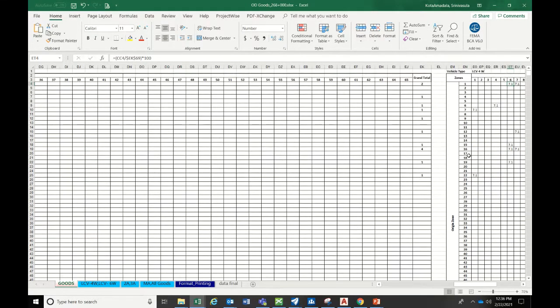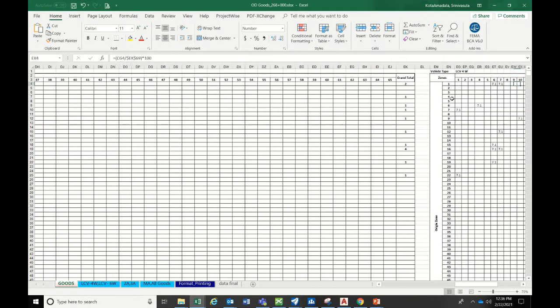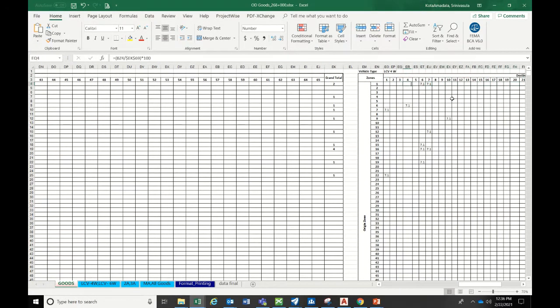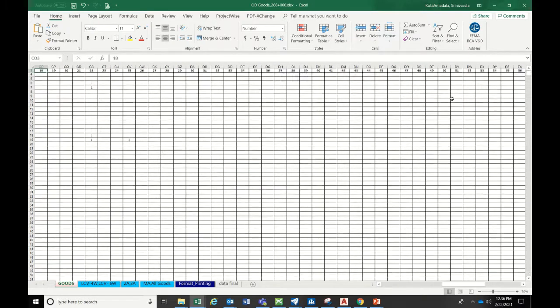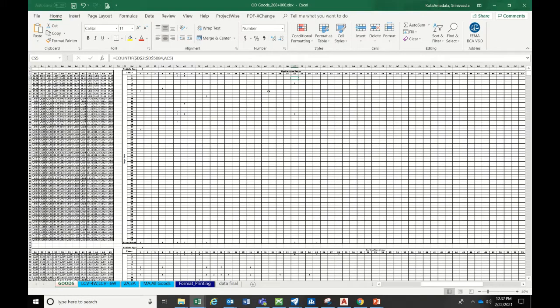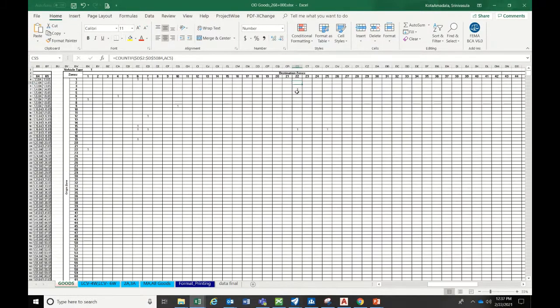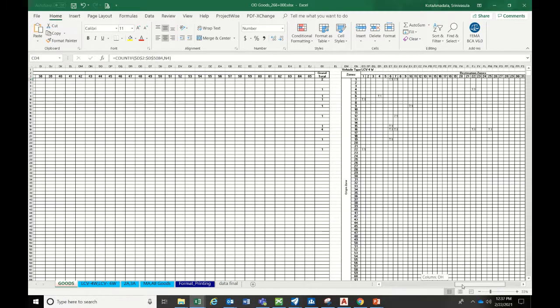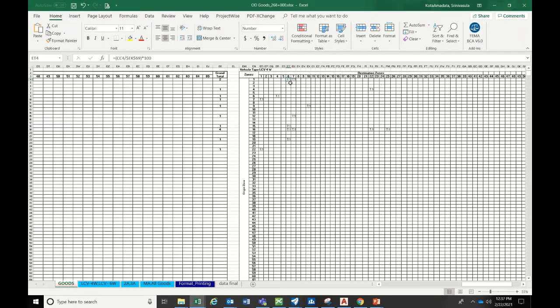See, now same vehicle type. Here you got the number in this. Here, just give the percentage, how much percentage.